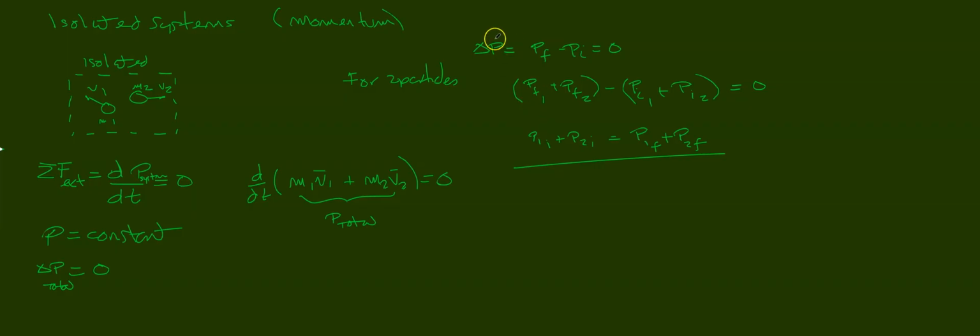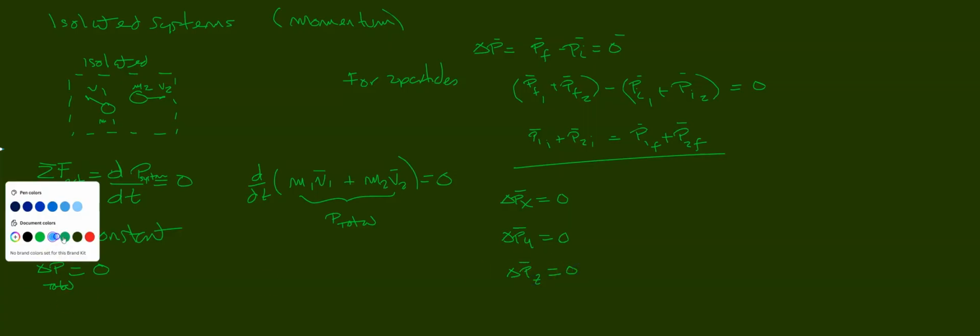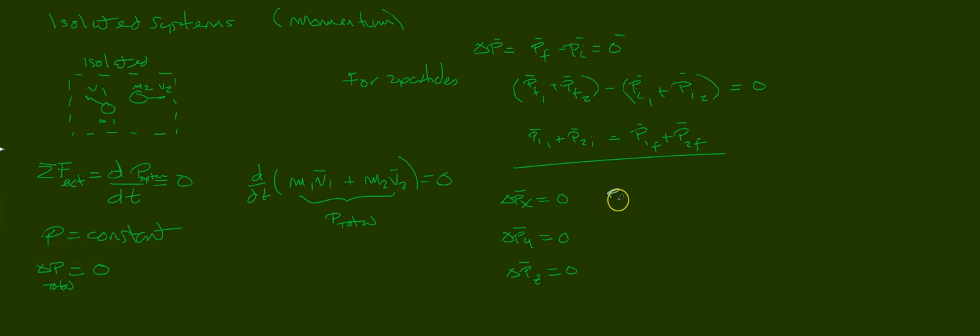And then because they're all vectors, we have to put the little line on top to remember that these are vectors. Because if total momentum is conserved, then the total momentum in x is conserved, the total momentum in y has to be conserved, and the total momentum in z has to be conserved. And what this is going to give us is versions of these equations in each one of the directions.